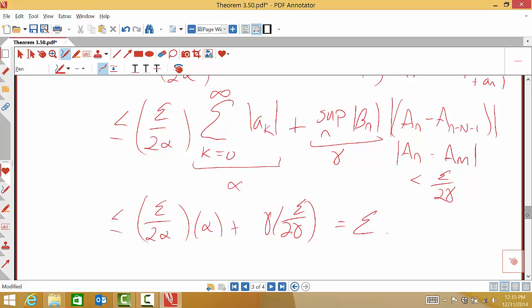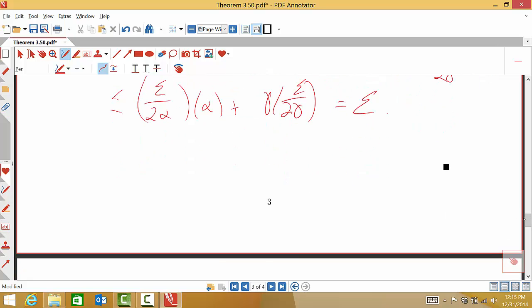So we've shown that this term we wanted to go to 0, the sum of a sub k times beta sub n minus k, k equals 0 to n, is less than epsilon for all epsilon greater than 0. That means it has to be 0. So our theorem is proved. We've gotten exactly what we needed.